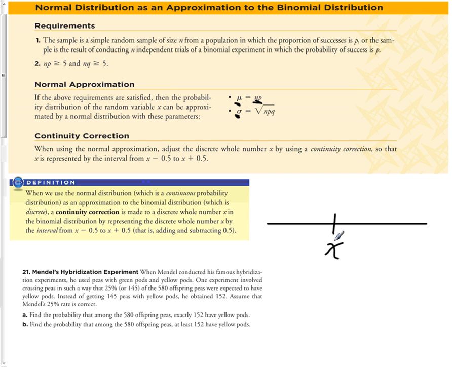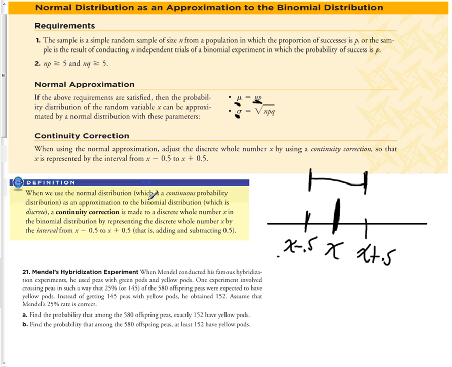So we have to represent the discrete whole number x with an interval of values ranging from x minus 0.5 to x plus 0.5, and that's called the continuity correction.